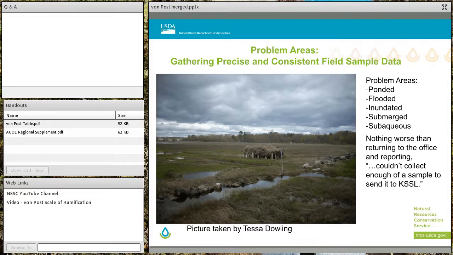Nothing is worse than going back at the end of the day or at the end of the detail saying, yeah, couldn't grab that sample due to environmental conditions, weather, or the soil just having so much vacuum and being submerged that you didn't bring up a large enough size to send to the KSSL lab.